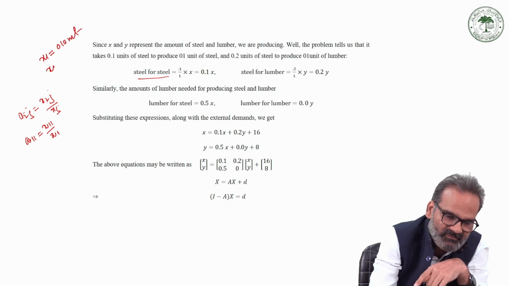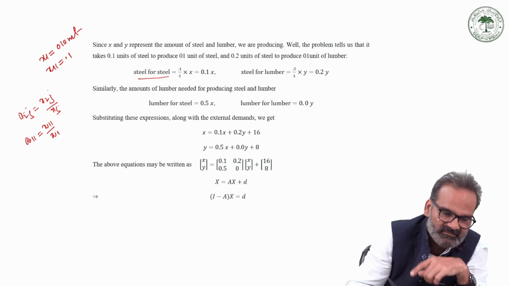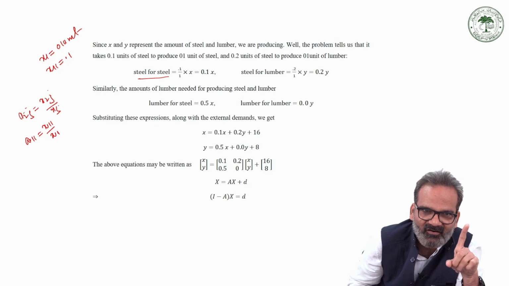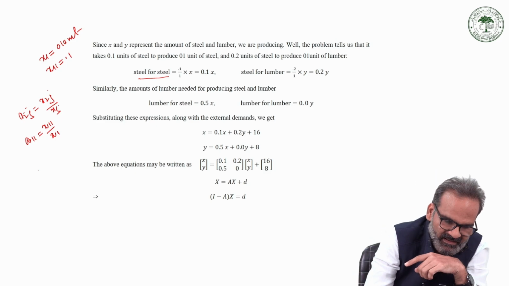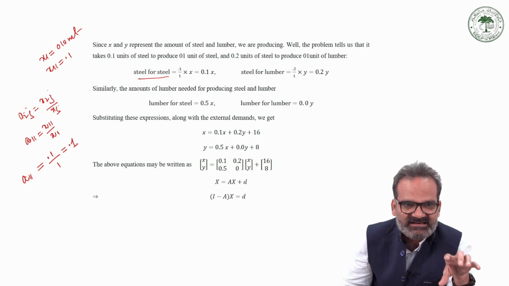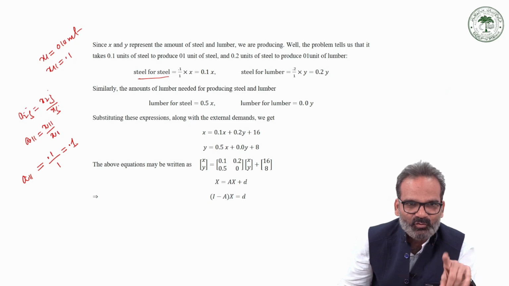And X11 is given as 0.1. Clear? So for 1 unit of production, A11 will be equal to 0.1 divided by 1. This is 0.1, right? 0.1 unit of steel is required to produce 1 unit of steel.